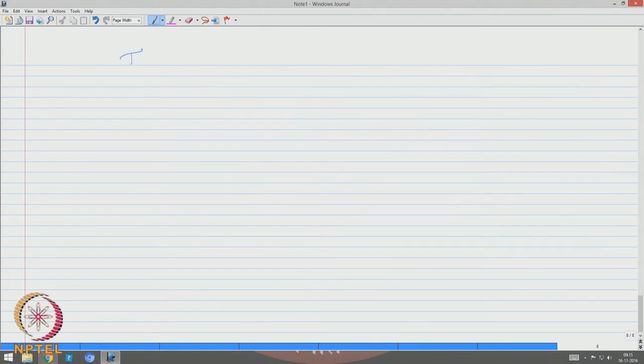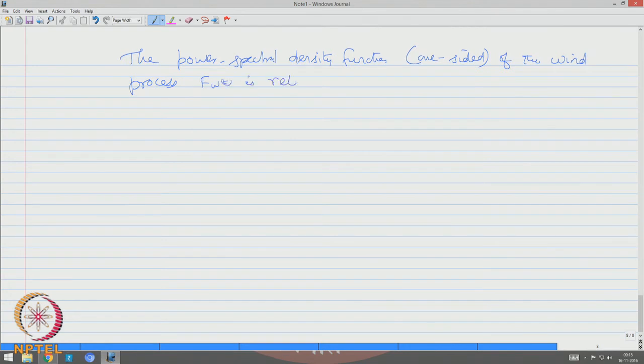Therefore, the one sided power spectral density function of the wind process F of t is related to the wind spectrum as below.